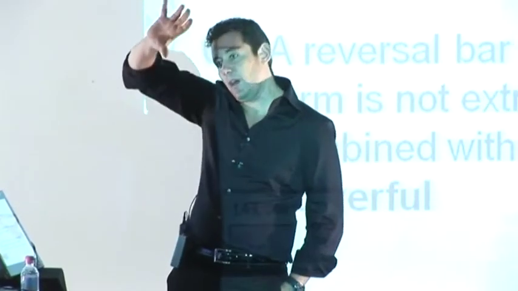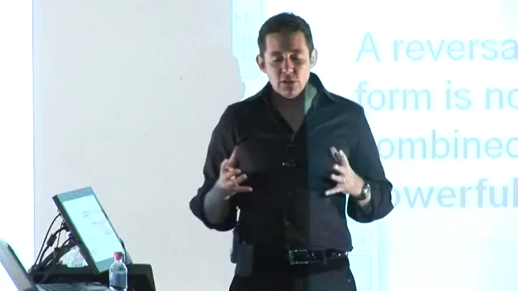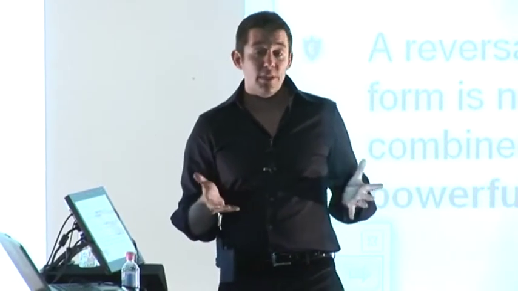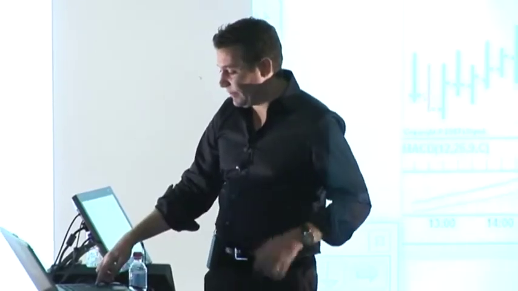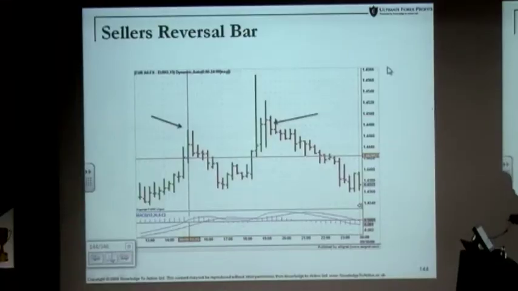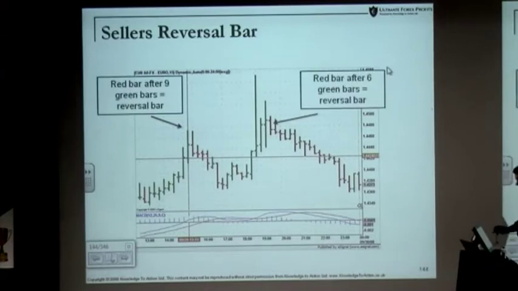Because there's a series of green bars, then you get a red one. And just on its own, it's not very powerful. But when you integrate it with the other things that we've been talking about, which I'm now going to do, it becomes more powerful. So what I mean by that, for example, look, here we have a bunch of green bars here, and then we have this red bar.